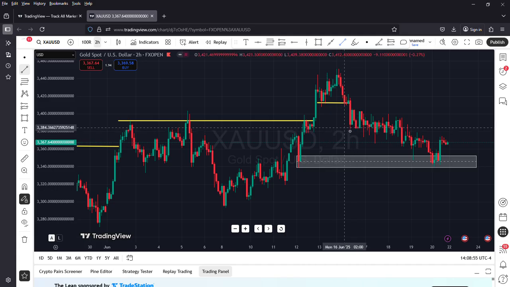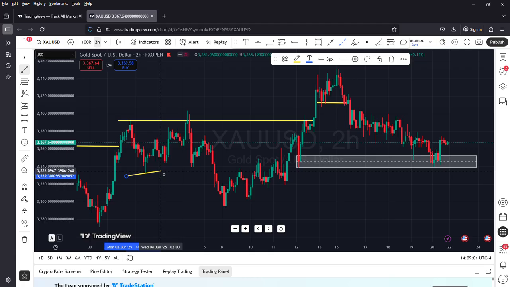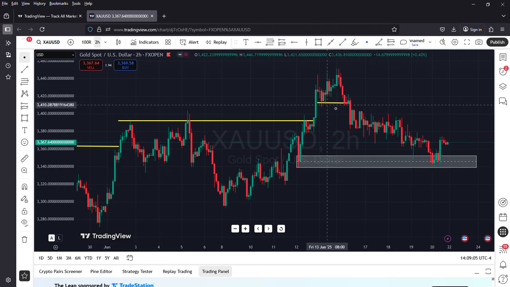And the market was in a tight range. As the market was in a tight range, we don't have to follow it because there is no strong movement, because of the Ukraine war and the Israel and Iran war.